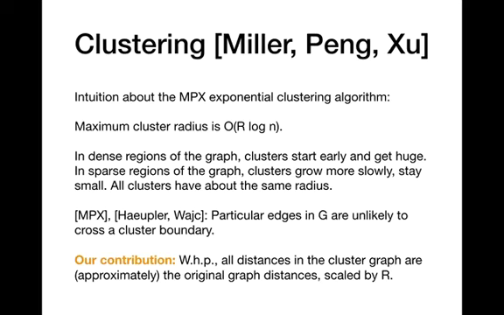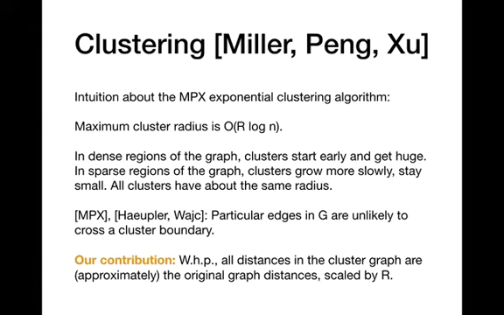And in sparse regions of the graph, clusters are going to grow more slowly and they're going to stay small. But what do we mean by big and small here? We mean in terms of the number of vertices that have been recruited to the cluster. At the same time, all clusters are going to have approximately the same radius.